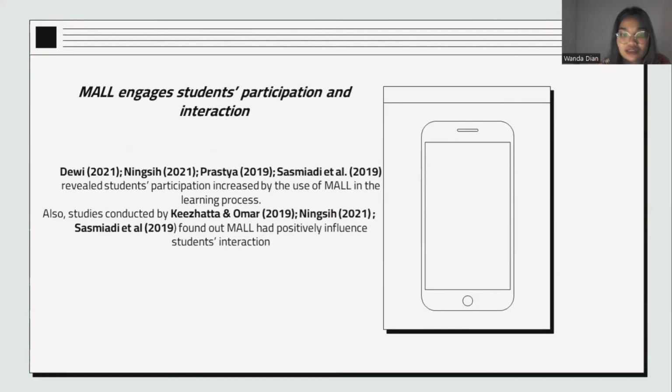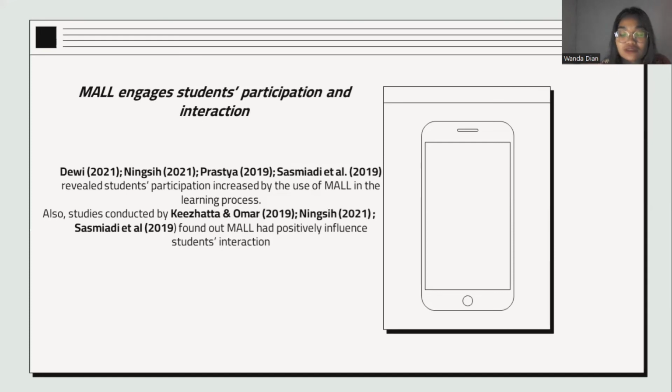Also, studies conducted by Kazhata and Omar 2019, Ningsih 2021, Sasmedi et al. 2019 found out that MALL has positively influenced students' interaction. So, compared to the conventional way of learning, integrating MALL in the learning process makes students more engaged in the learning process, which increases their participation and also interaction.